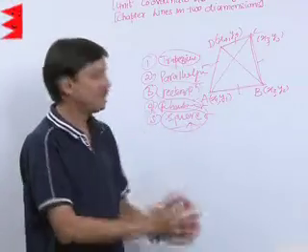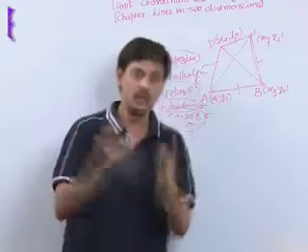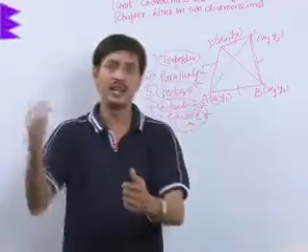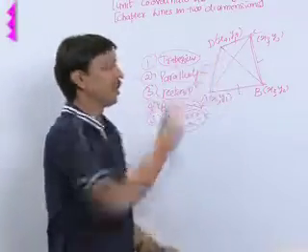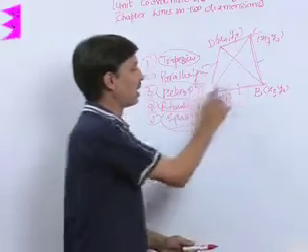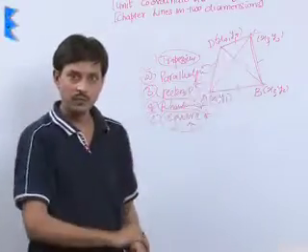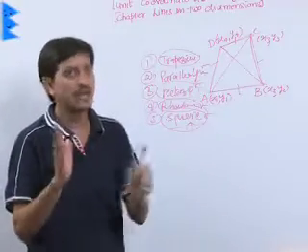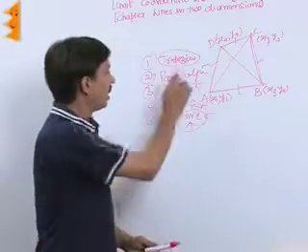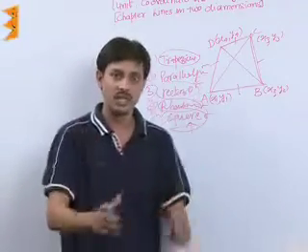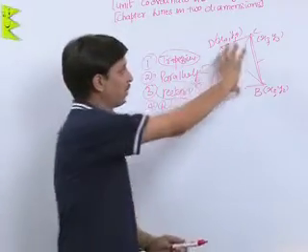So it is very easy to apply the distance formula for deciding the nature of the quadrilateral. A quadrilateral can be a trapezium, which is not used at the class 10th level. It can be a parallelogram if the lengths of opposite sides are equal.